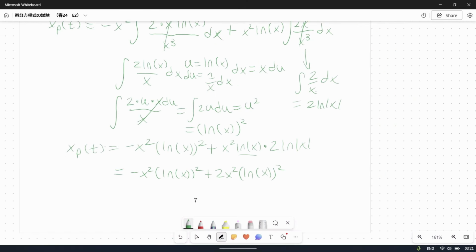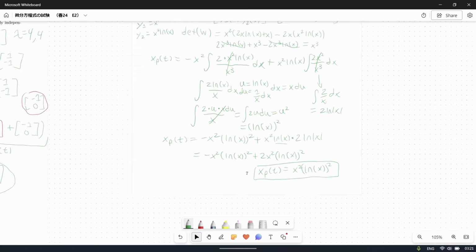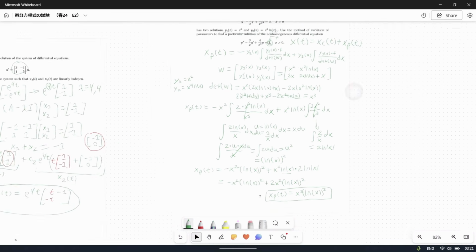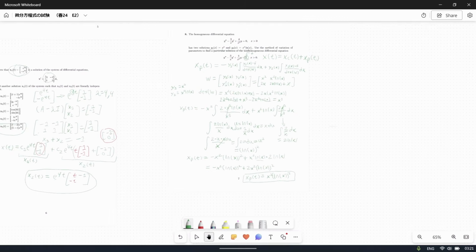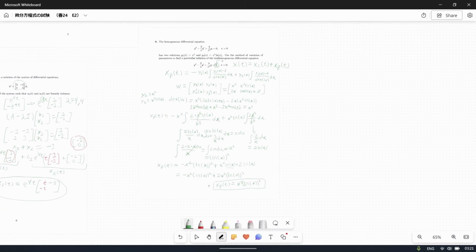And so this ultimately reduces down to a particular solution of just x squared ln of x squared. So this ends up being the final particular solution of this inhomogeneous linear differential equation. So this is the final solution to this question.